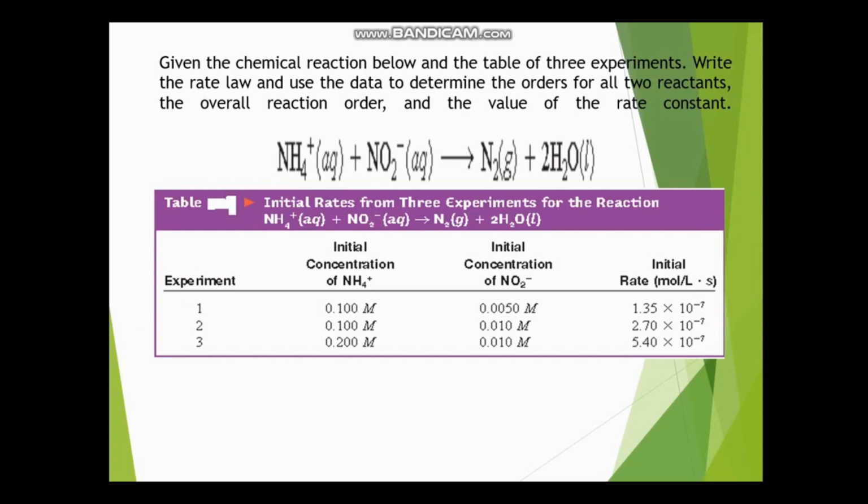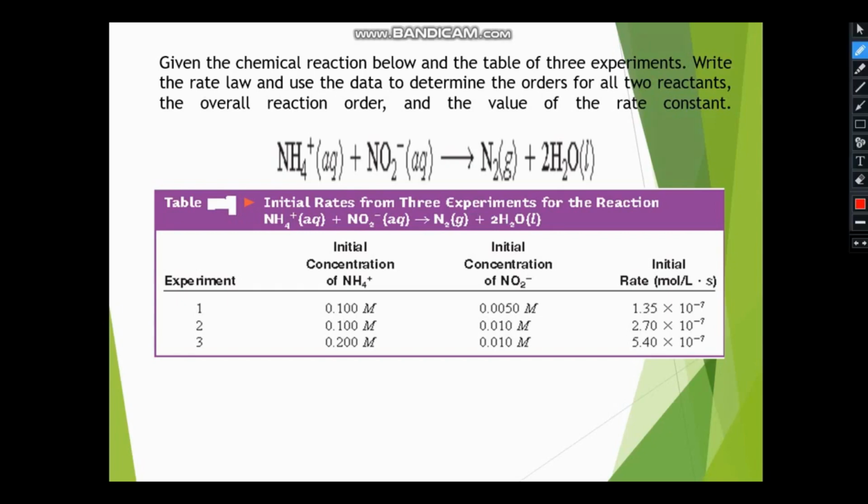The question reads, given the chemical reaction below and the table of 3 experiments, write the rate law and use the data to determine the orders of all 2 reactants, the overall reaction order, and the value of the rate constant.